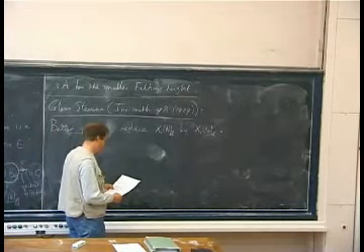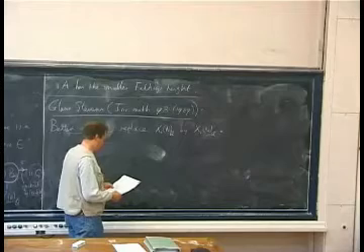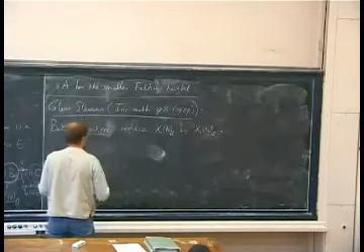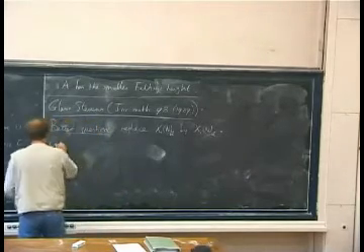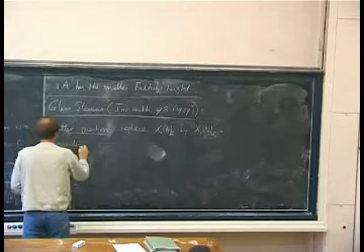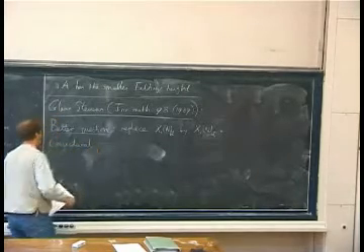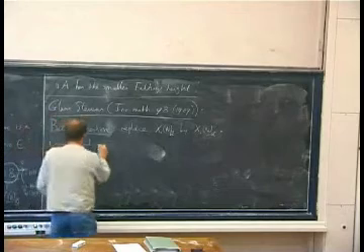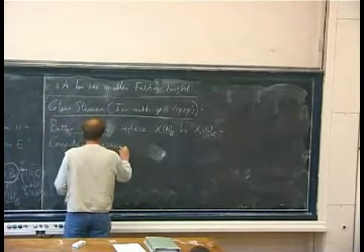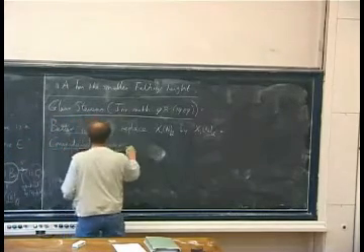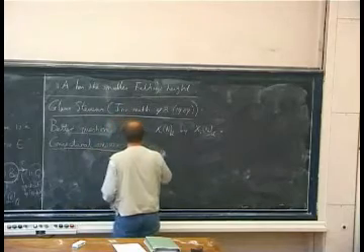So the conjectural answer, so the answer is not really proved, but it has been tested in a lot of cases. The conjectural answer to the question in this case is that E prime, say E prime prime, right?